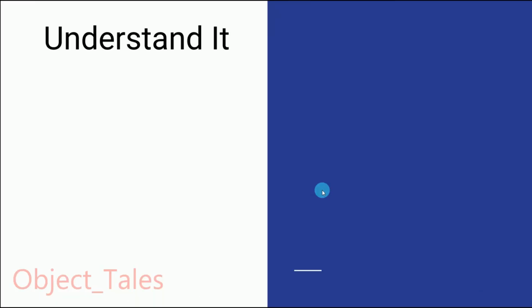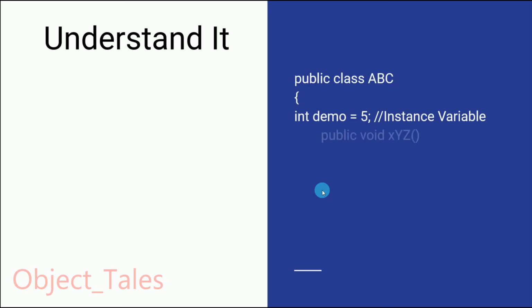We are going to understand it properly now. Now I will show you one class that is ABC. In that there is an instance variable, int demo, integer type. Then a method which has a few lines of statements in it.